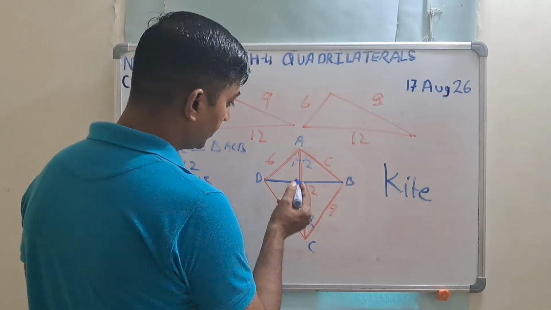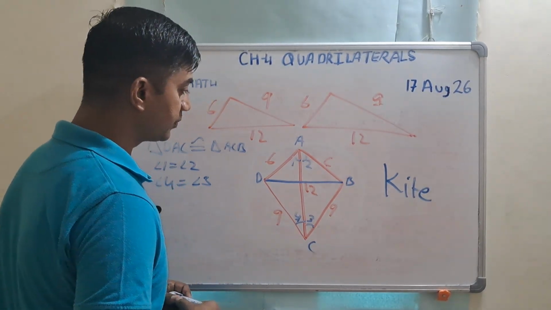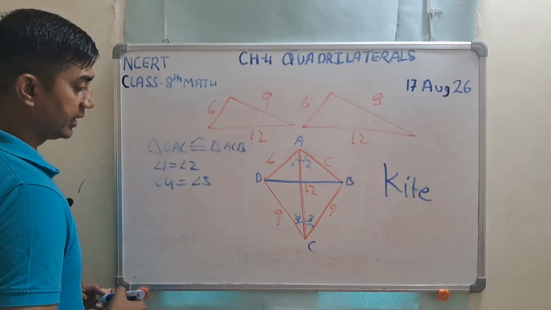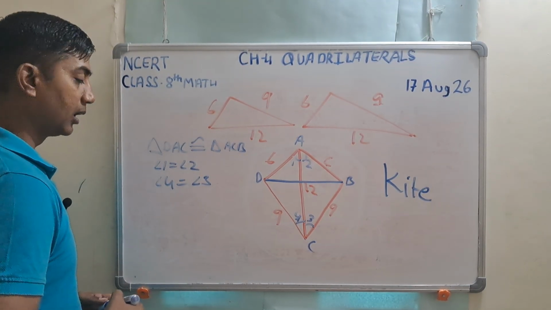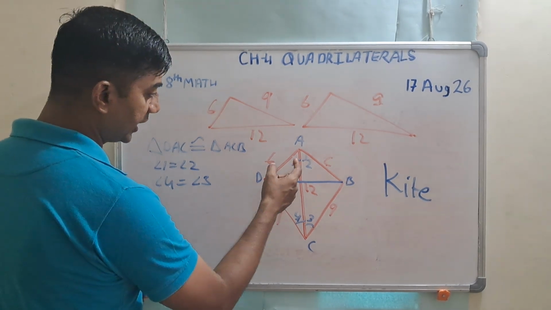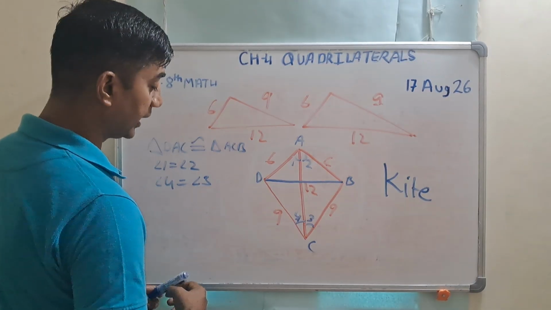What does it mean? It means that the diagonal is bisecting the angle. Understood? Diagonal AC is bisecting the opposite angle. So in this figure of kite, we can conclude that diagonals are bisecting the angles.